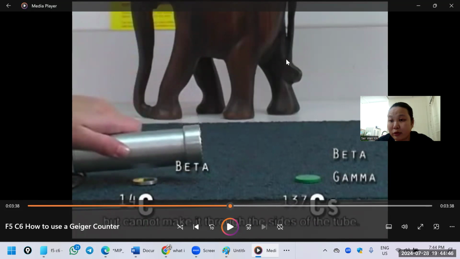Okay, now here is beta. This is carbon-14 and cesium. Both of them will give beta particles, beta radiation and gamma radiation. This is cesium. So carbon-14, you all know, is used in history for what is it called? Carbon dating.